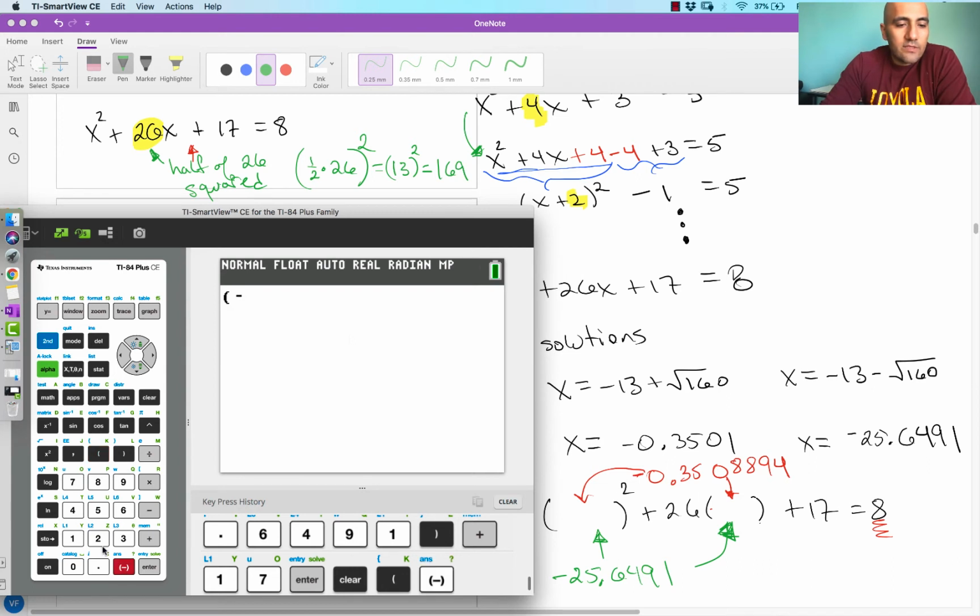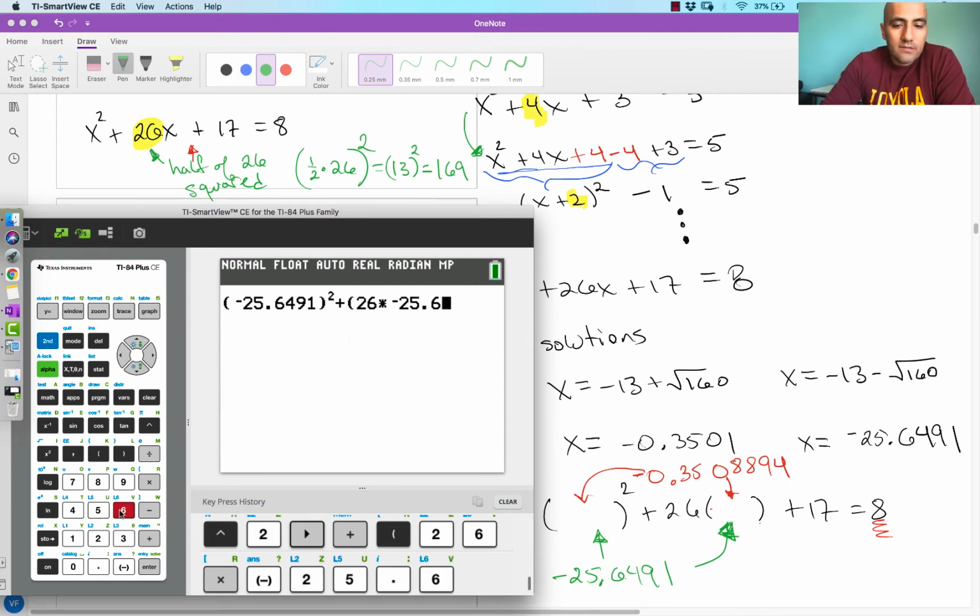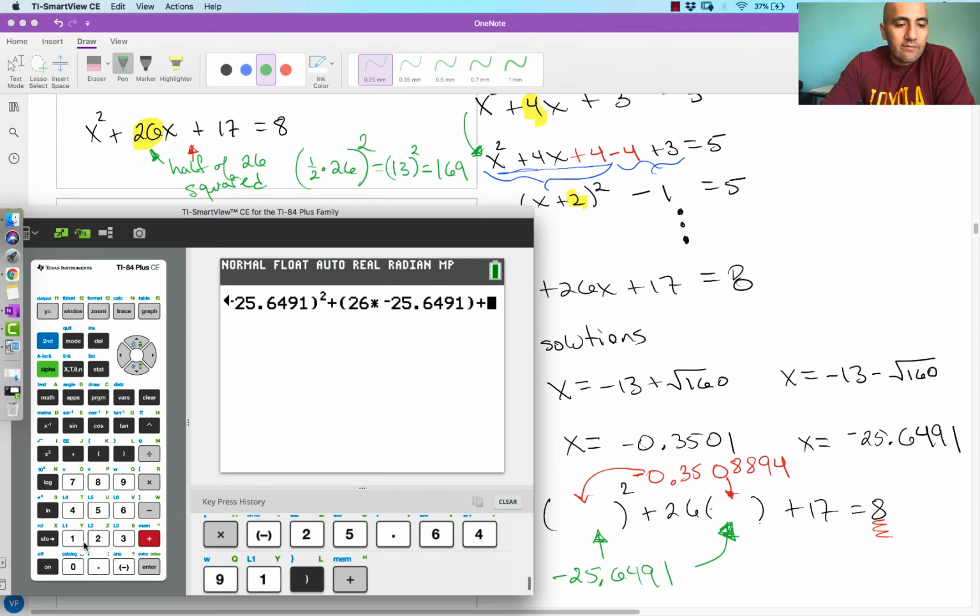Let's see, negative 25.6491 in parentheses raised to the power of 2. And then plus, in parentheses, 26 times negative 25.6491, close parentheses, plus 17.